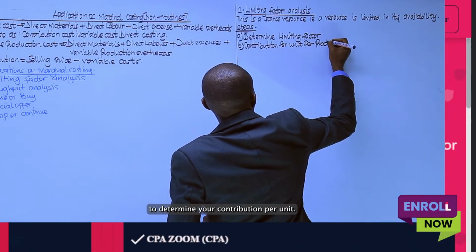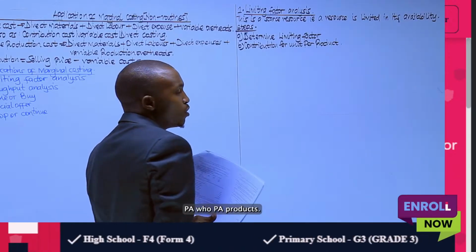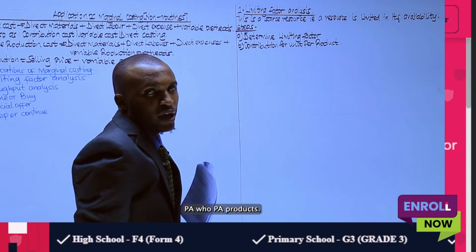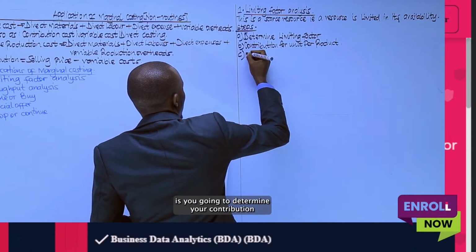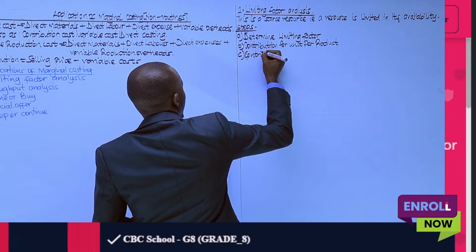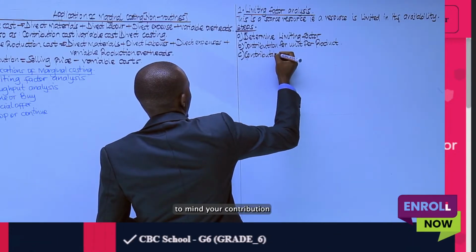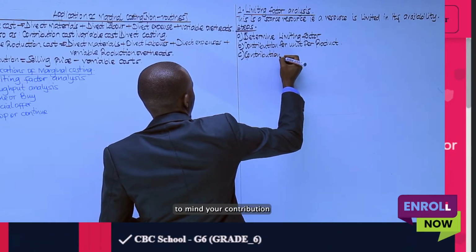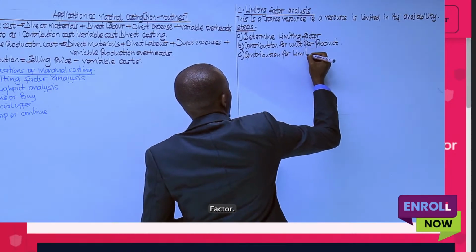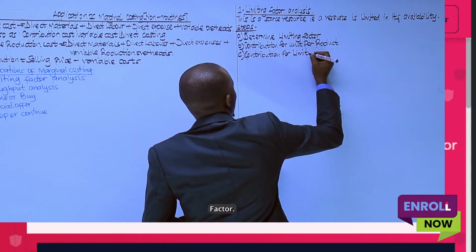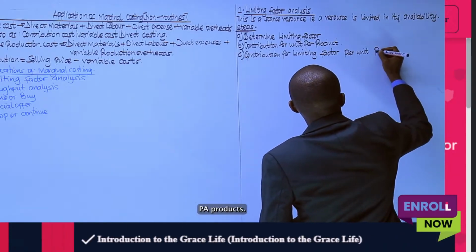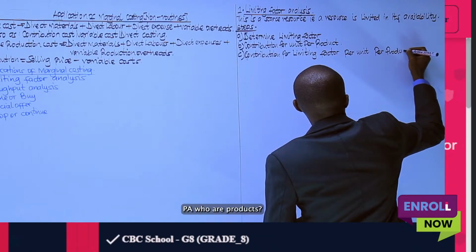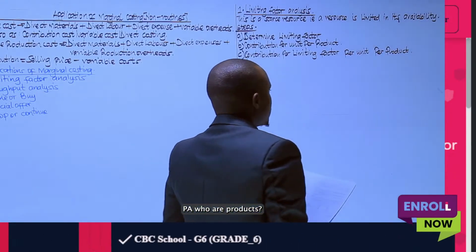Step number 3 is you're going to determine your contribution per limiting factor, per unit, per product.